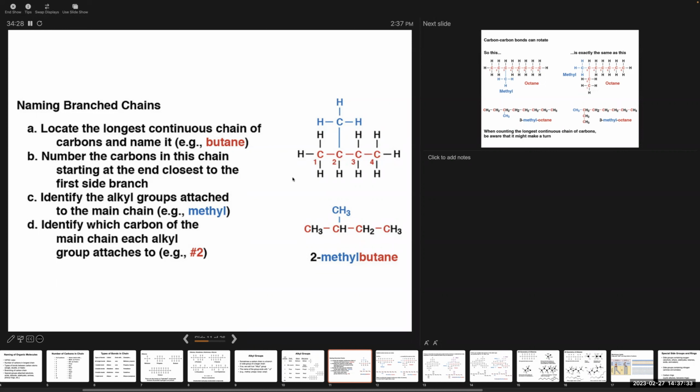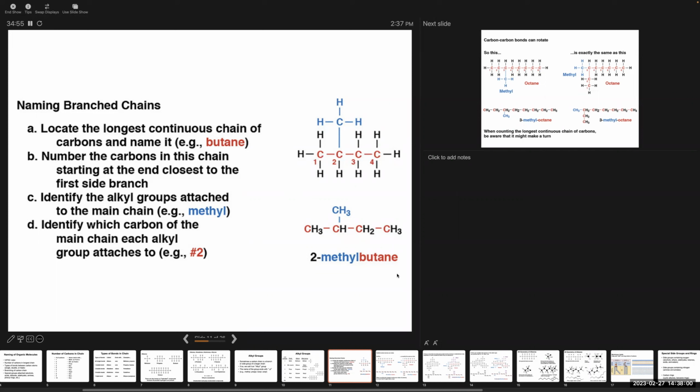After I've identified the main chain and named it and numbered the carbons, then I figure out what my alkyl groups are that are attached to that main chain. So in this case, I've got a 1 carbon chain, which would be a methyl group, attached to the number 2 carbon of the butane molecule. So that's called methyl butane.